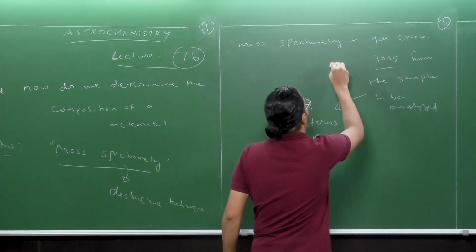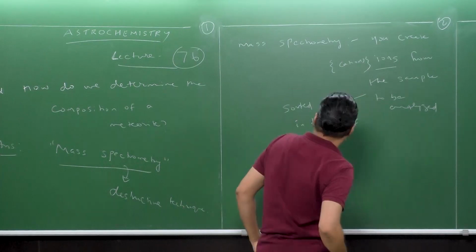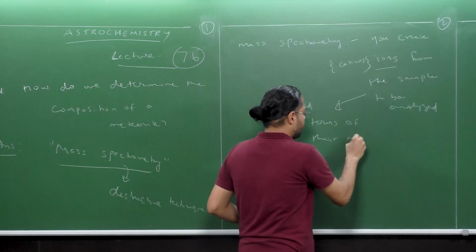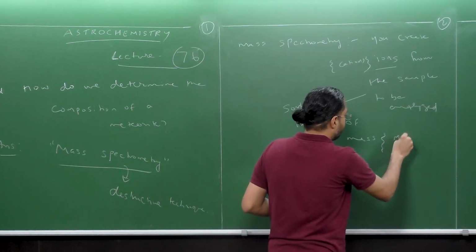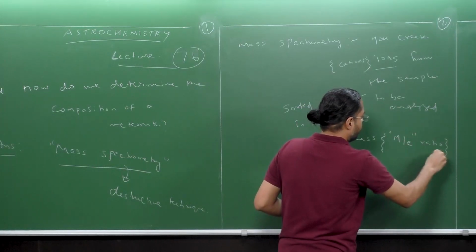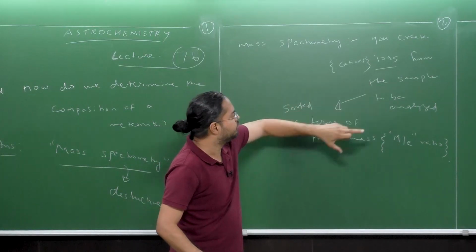So in general, these are cations, and they are sorted in terms of their mass, which is what we call the m/e ratio.